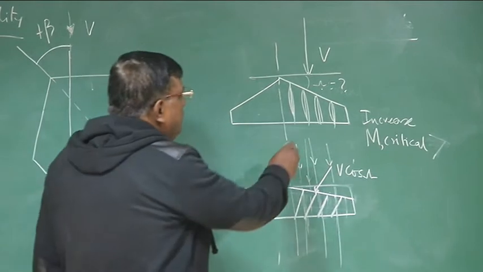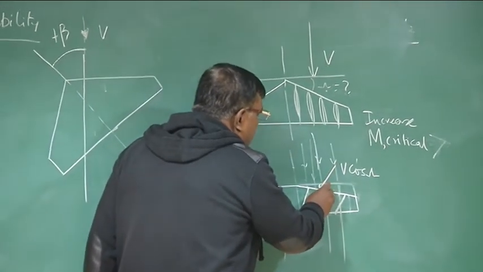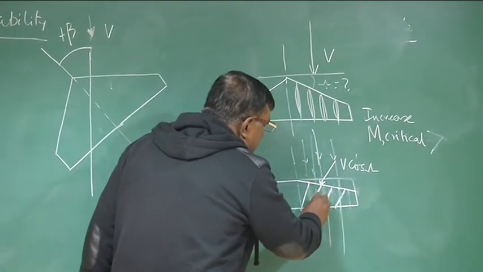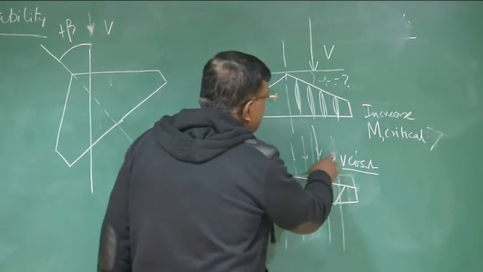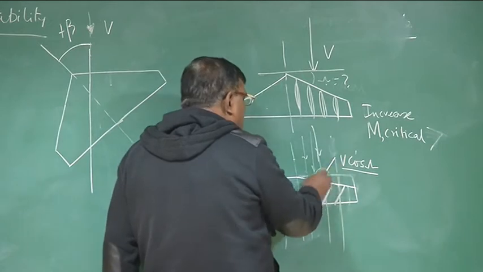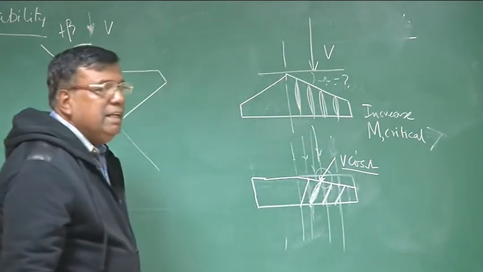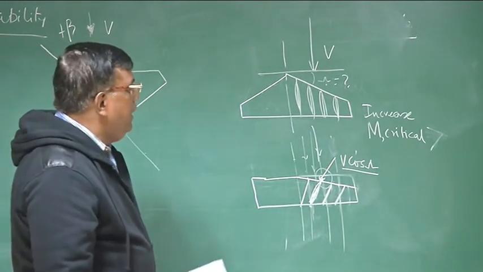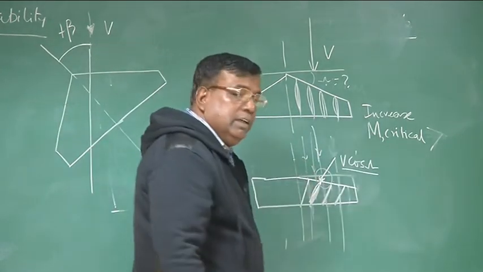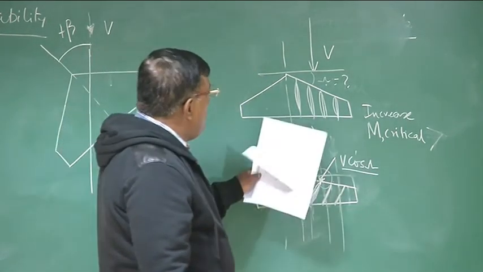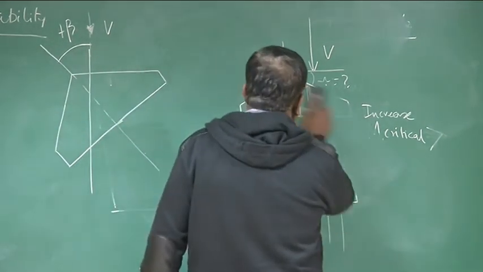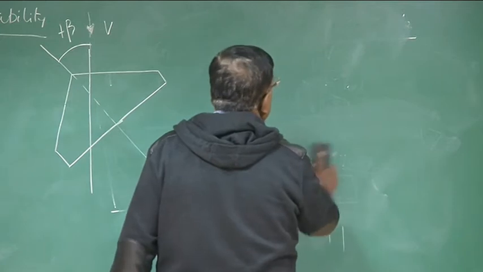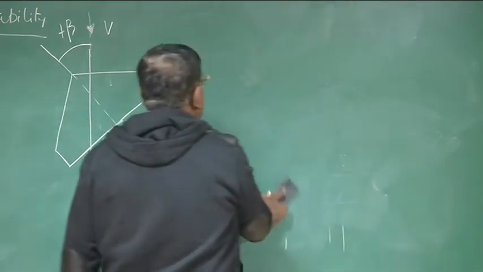The free stream is V, but the normal component to the leading edge becomes V cos lambda. So the local Mach number will be less than the free stream Mach number, and that is how we increase M critical. This is very important, and you should refer to my first course, Introduction to Airplane, where I have clarified this.